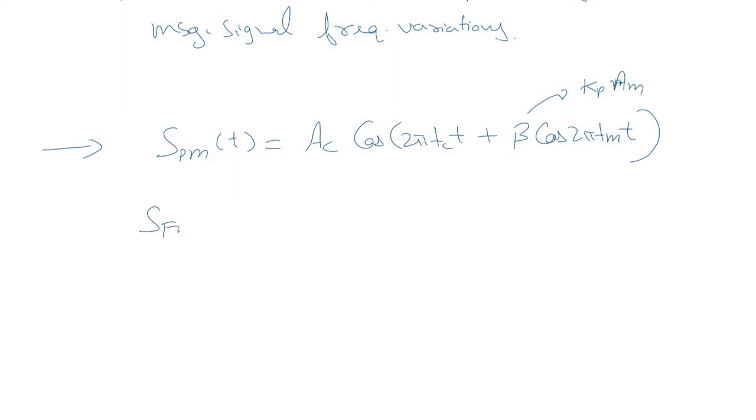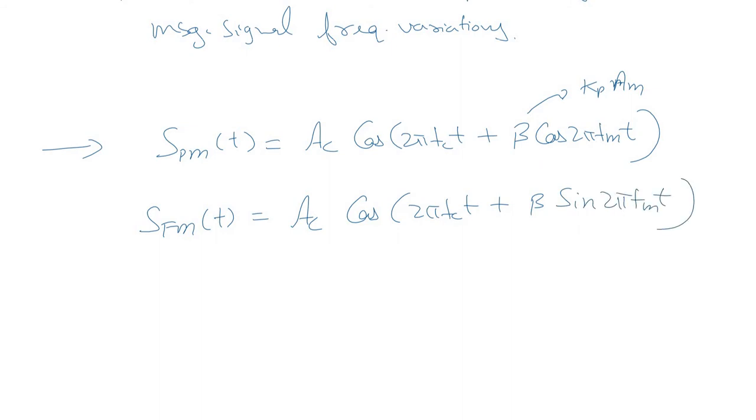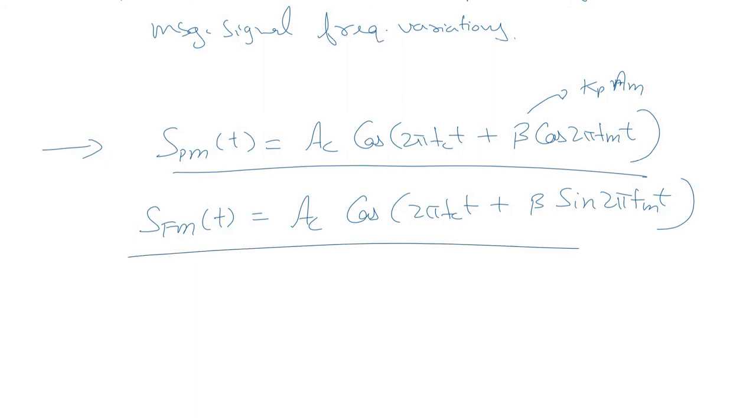On the other hand, the frequency modulated signal, the standard expression is AC cos 2 pi FCT plus beta times sine of 2 pi FMT. Now you can look at the similarity between the two expressions.